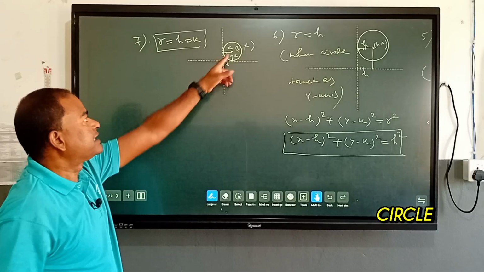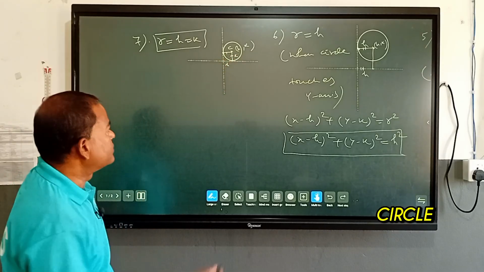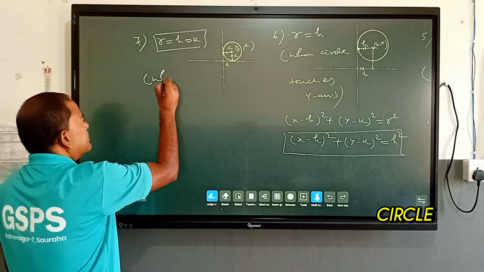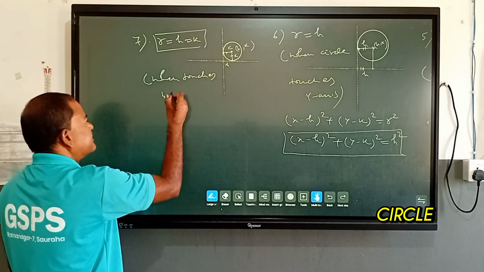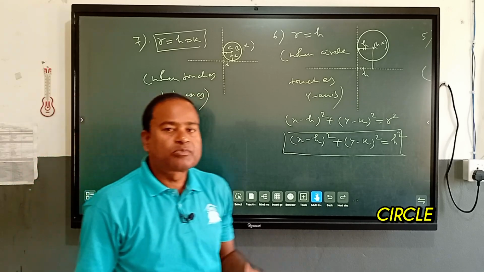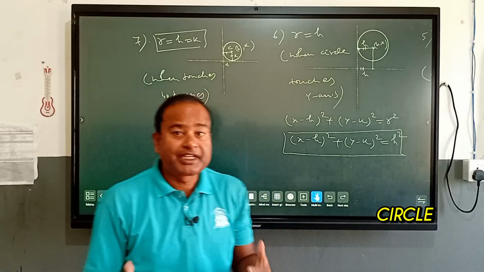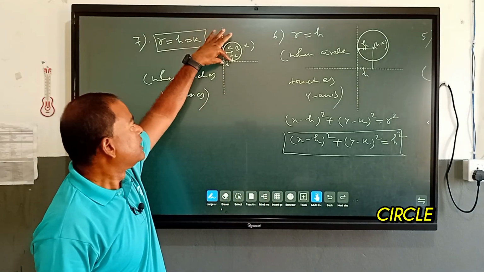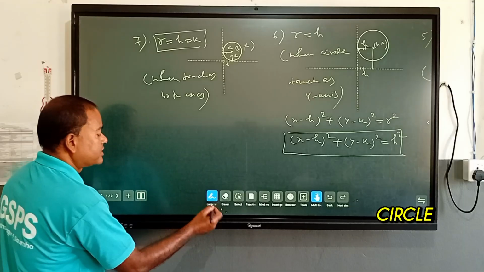So we can write r equals h equals k. When a circle touches both axes, in that case the radius of the circle will be equal to h and k both. That means r equals h equals k.